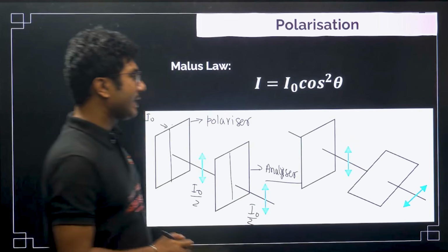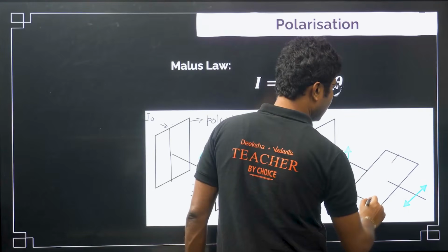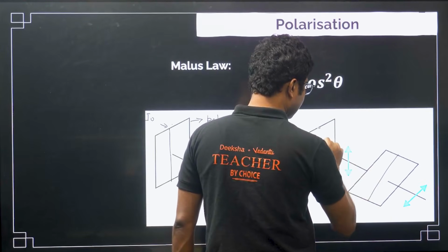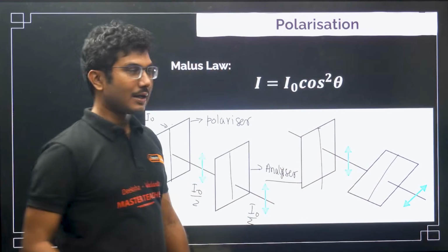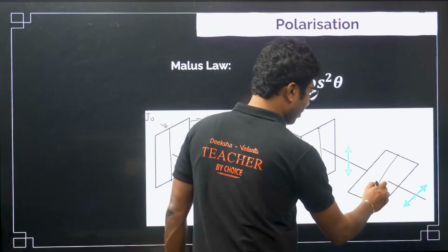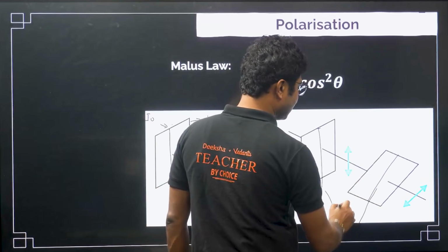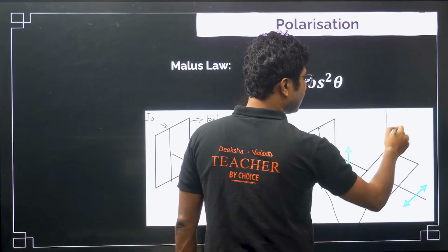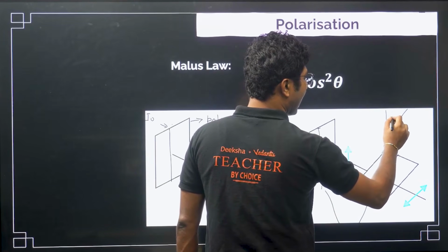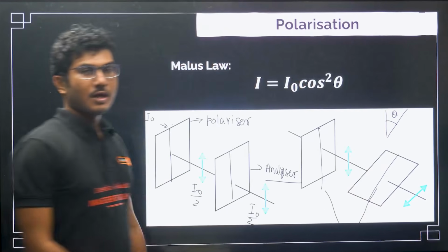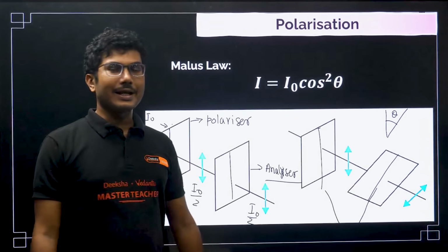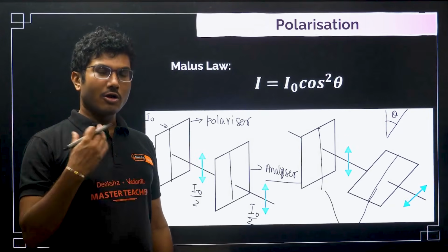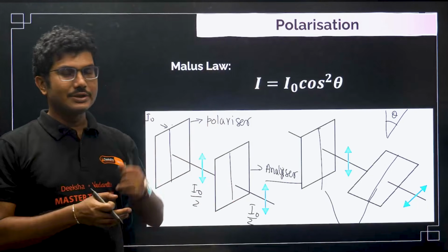Now, if you keep them at a certain angle, if they are not parallel, if you cross them, you will find some angle between them. So this is the original, this is the cross Polaroid. If the angle between them is theta, if two Polaroids are not parallel or at 90 degrees, at 90 degrees it will be 0 anyway.